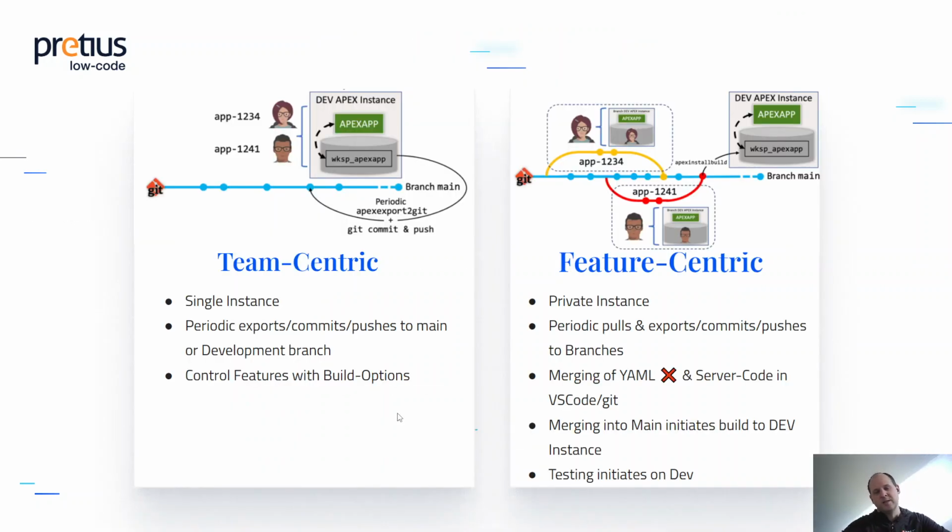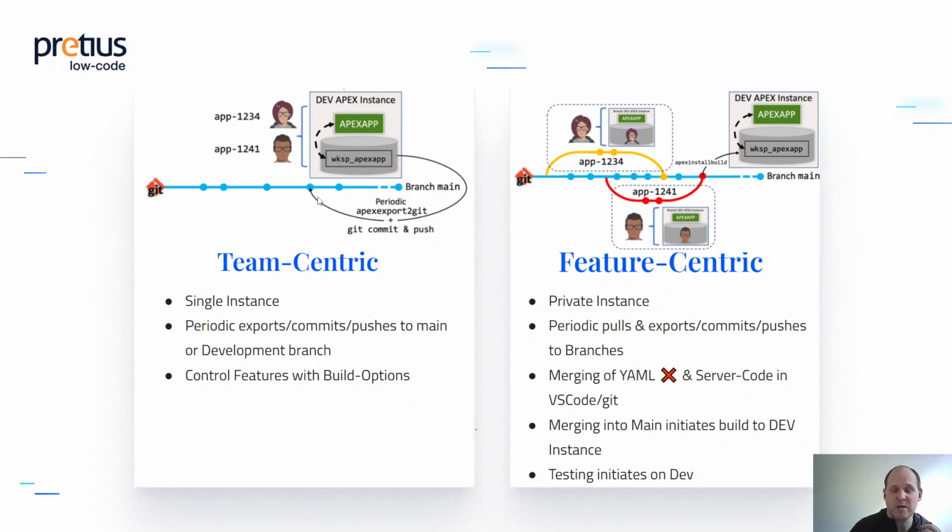Okay, there's a larger section on feature-centric development. In this presentation, I'm not going to make it a large section. I'm going to summarize it. But you should be aware what team-centric is. You probably work team-centric right now. So you have one Git branch, you work on tickets, and you commit and push and make changes to your Apex application.